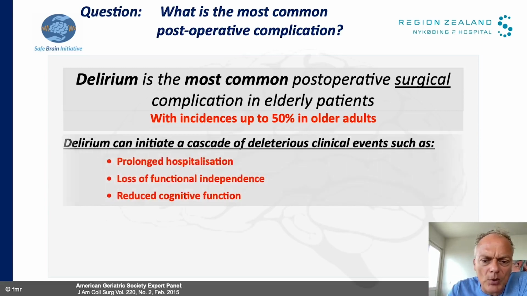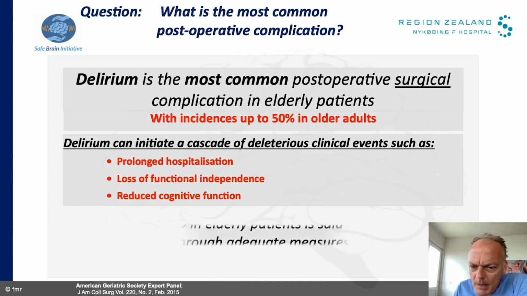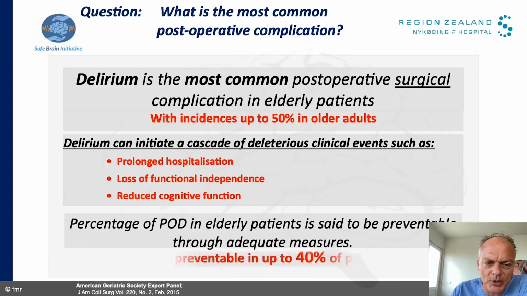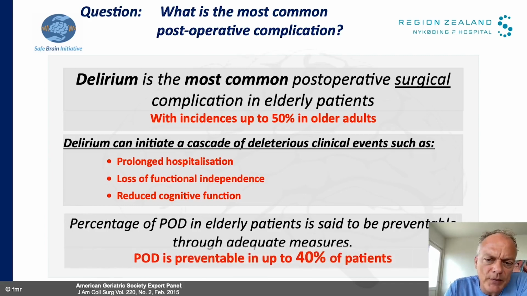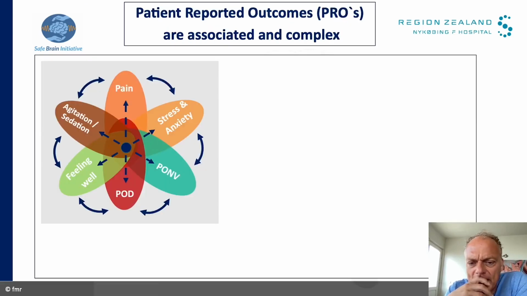It's associated with all negative outcomes, from length of stay, increased costs, complications, cerebral complications, but also it is an independent predictor for increased mortality. But most importantly for us from the anesthesia perspective, it's also preventable. In our own data, we have more than 50% prevented through adequate perioperative measures. And that is, of course, to some extent a call to action for us to avoid this.